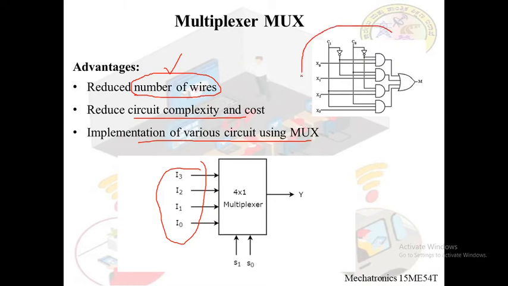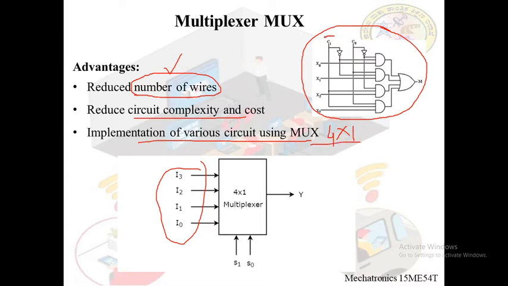So here we are able to see the multiplexer realized using NOT gates, AND gates and OR gates. Here we have x0, x1, x2, x3 as inputs, 4 inputs, and the output is only 1, m, therefore this is a 4 cross 1 multiplexer.